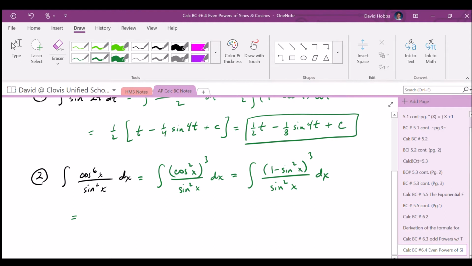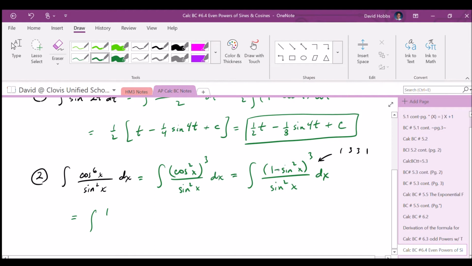Now, yes, there is a shortcut if you happen to remember Pascal's triangle, so quantity cubed, and so we're reminding ourselves that it's 1, 3, 3, 1. And remind yourself what the a and the b are. So the a is the 1 and the b is the negative sine squared x.